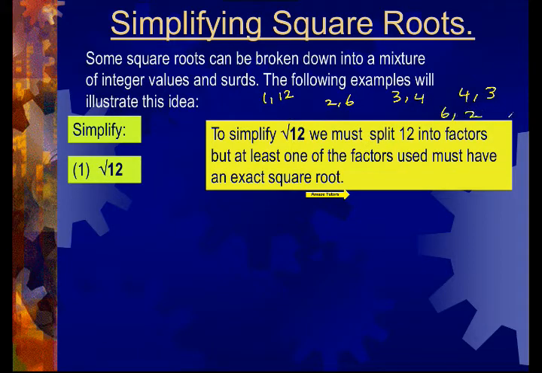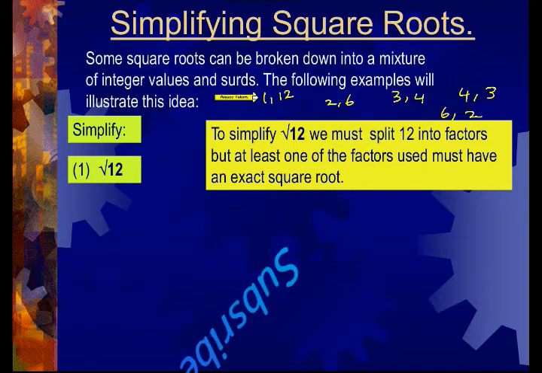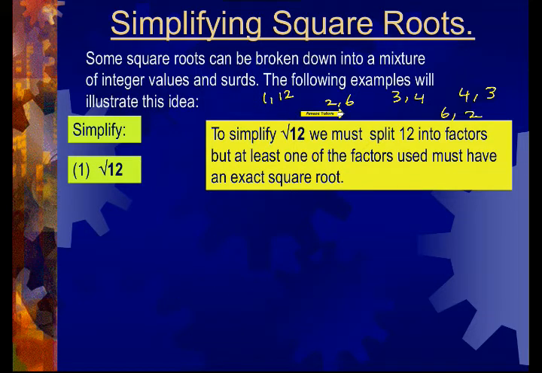Again 6 and 2 and so on. Now among the pairs, the factor which has a perfect square or exact square root is 4. It's a perfect square, right?